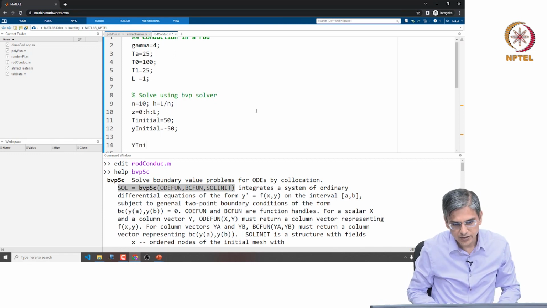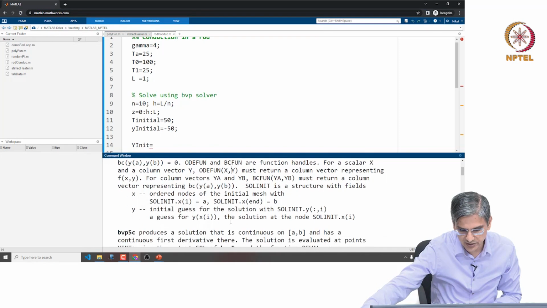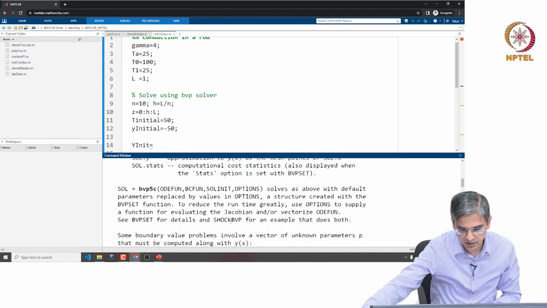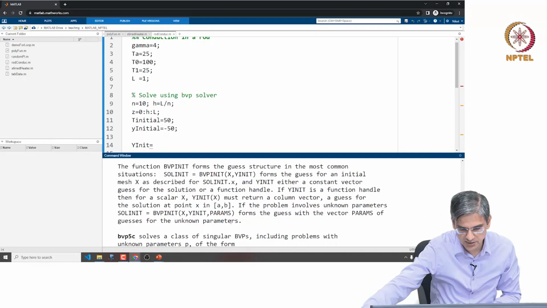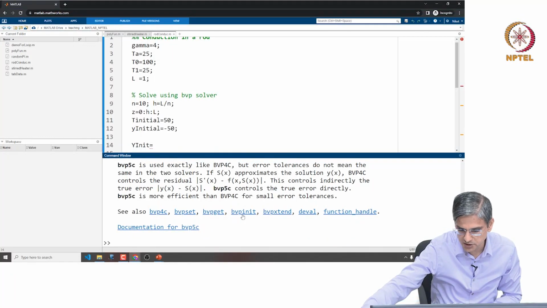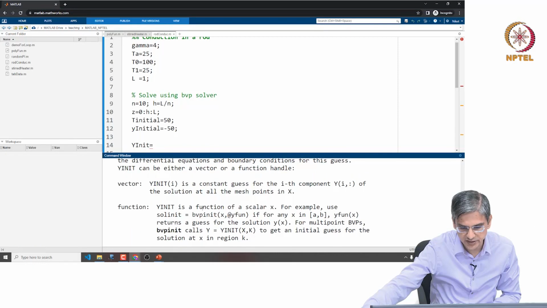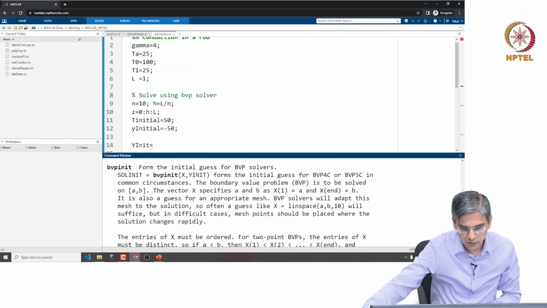Now, the way you can have y init is using an initialization function. Okay. bvpinit is the function that can be used for initialization, and let us look at help for bvpinit. So bvpinit is you give your z values and your y init values.